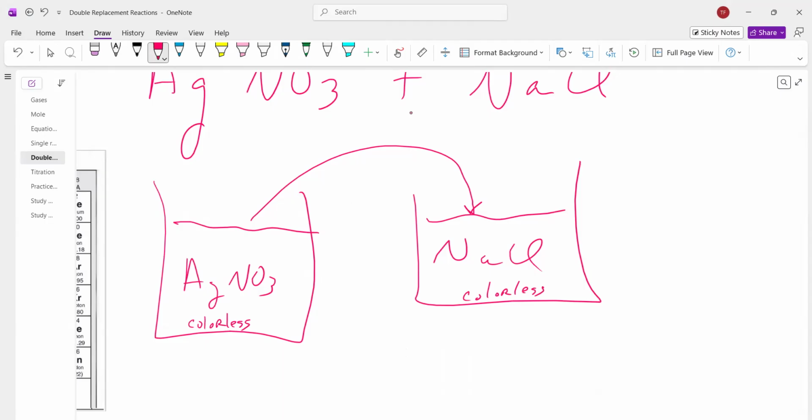When we put them together, we have two new combinations. We have silver chloride and sodium nitrate. So the question is, do they still stay clear and colorless, or does something happen like a solid forms? That's where you need your rules.